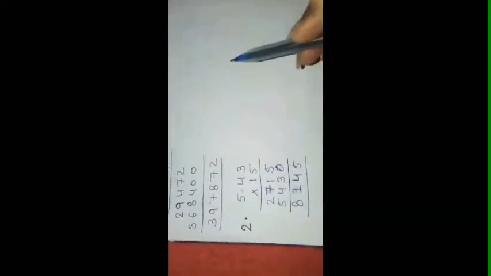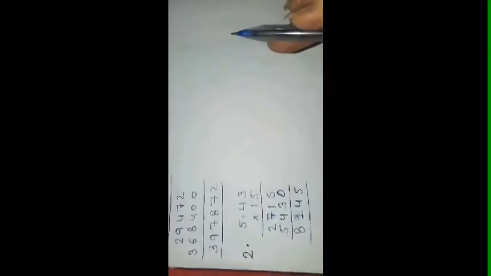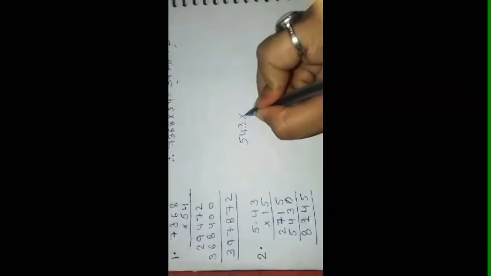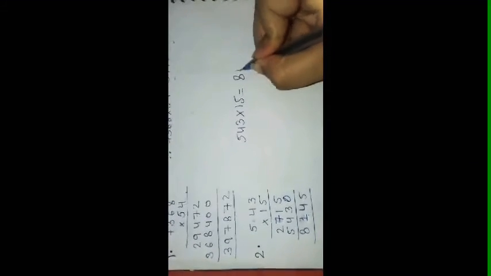Next, multiplication of decimal by whole number. Again, forget the decimal point and multiply as we multiply whole numbers. 543 multiplied by 15, and the product is 8,145.